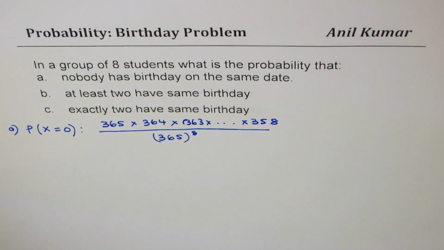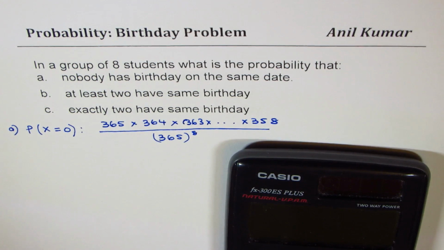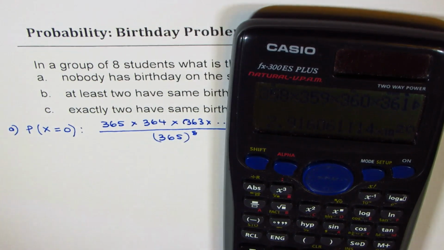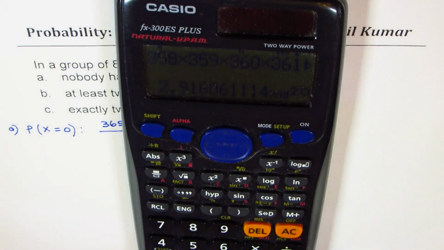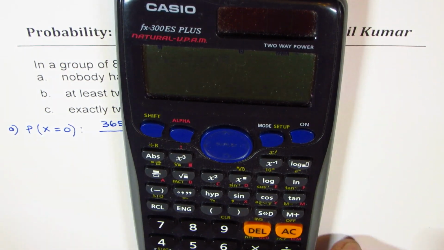So we can just calculate this answer. We say 358 times 359 times 360 times 361 times 362 times 363 times 364 times 365, and whatever we get, we divide by 365 to the power of 8, and what do we get?